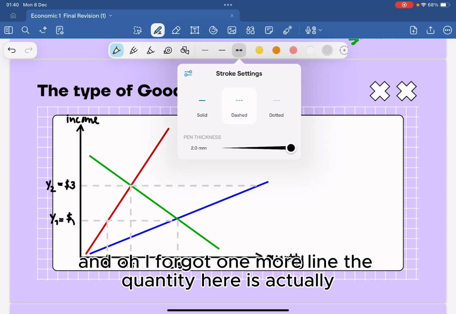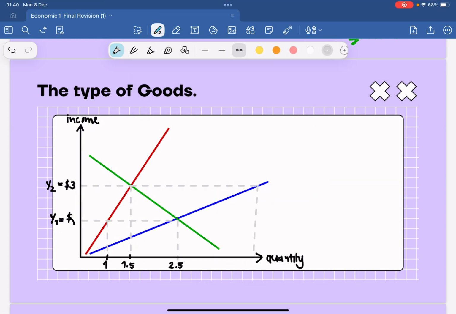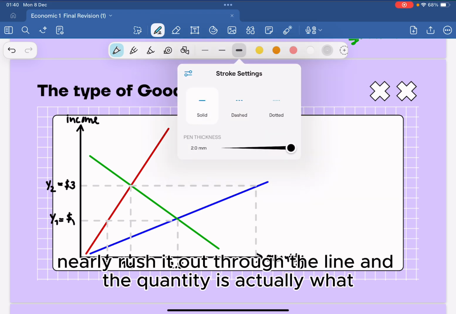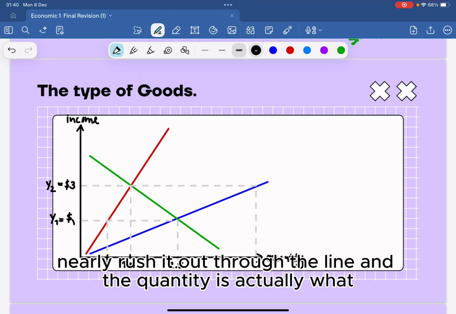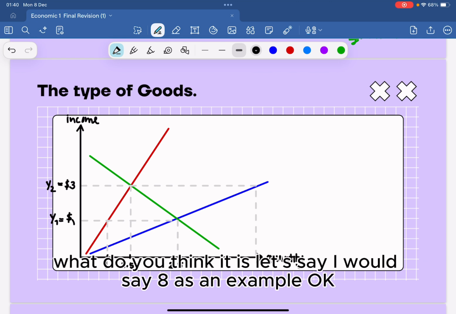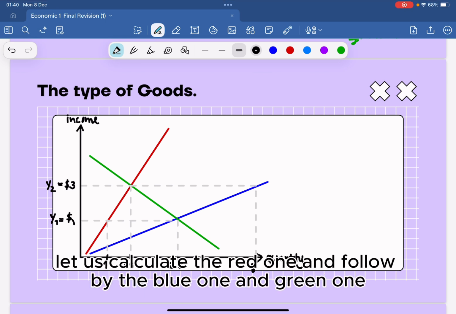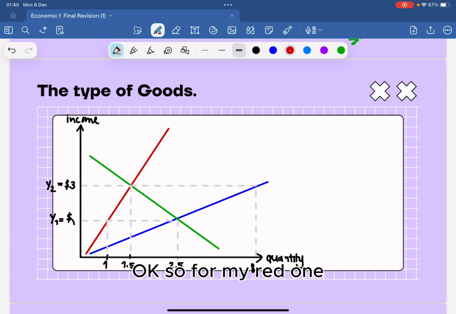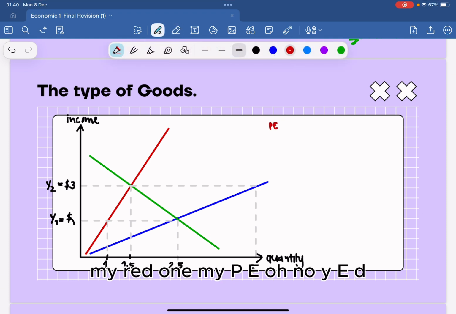The quantity here is, what do you think it is? Let's say 8 as an example. Let us calculate the red one, followed by the blue one and the green one. So for my red one, my YED equals what?